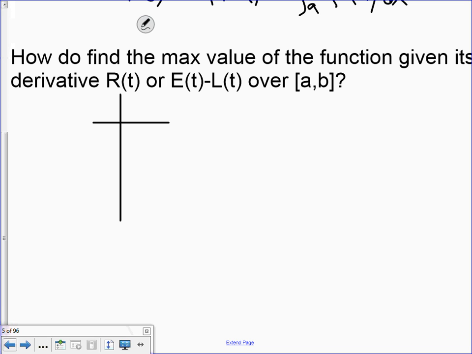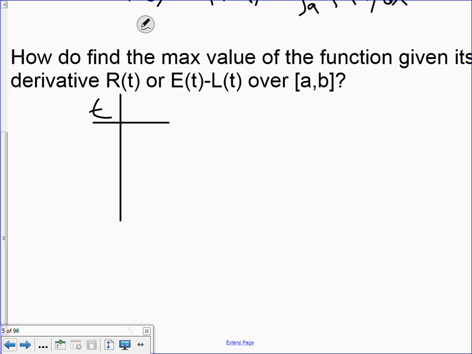If you want to find, so let's say you have the rate of change, either rate in minus rate out or just the one rate of change of some quantity. I don't know what it is, okay? But you want to find the maximum value of that function, and these are the rates of change of the function. What should we call it? Maximum value of a function. I didn't give it a name.